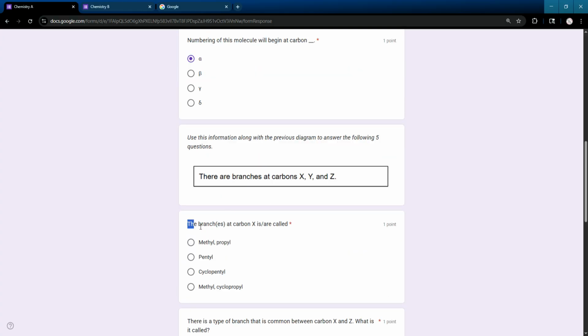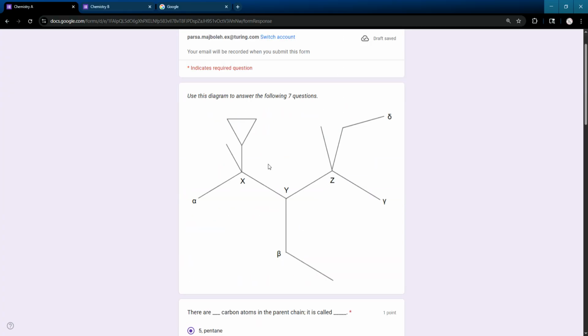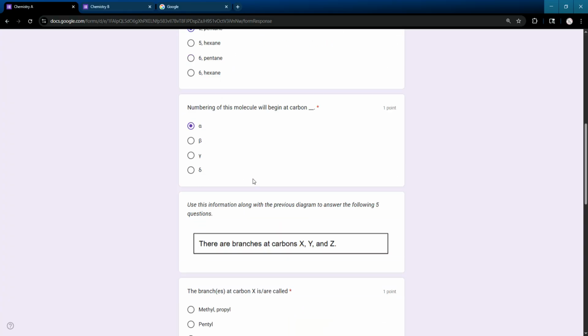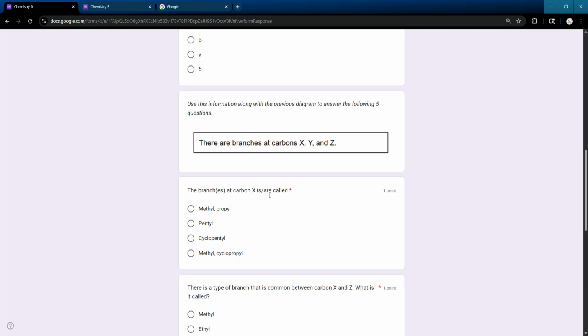And so we're looking at what X is called, the triangle one. And another one sticking out. So I don't know what they're called. I'm not an expert at chemistry. I'm trying to see if there's any hint here. So I assume over here it says branches and it says is or are.